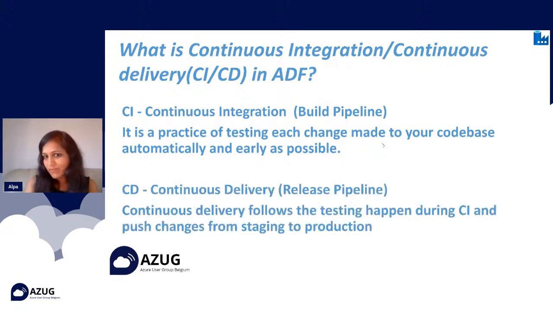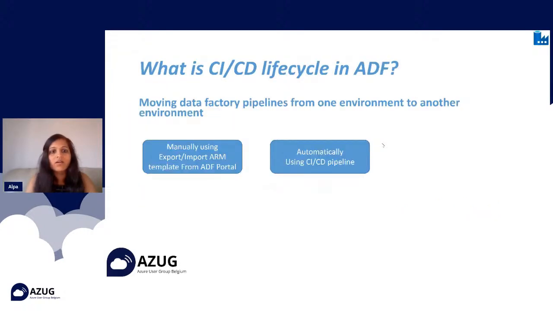And once you have a build pipeline, the result of the build pipeline will be used in a release pipeline, and the release pipeline will deploy your code into different environments like staging environments. For example, dev factory you already have, but you can release into a test environment or SIT environment or UAT or pre-prod or whatever stage you have. So this is CICD in general.